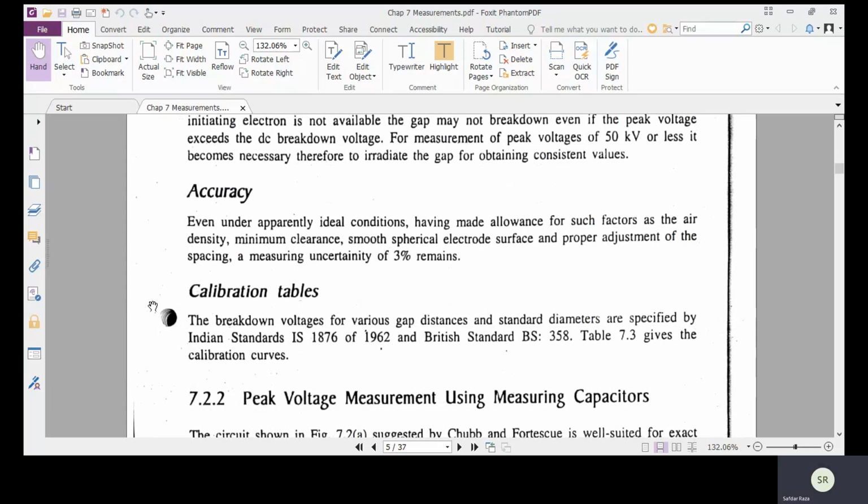And after this, we have discussed the impact of temperature, pressure, humidity, and irradiance upon the measurement of high voltage using a sphere gap. And in the last, we have seen that on the basis of air density, minimum clearance, smooth spherical electrode surfaces, and proper adjustment, the accuracy of this measuring method is 97%, or we can say that there is an error of 3% in the measurement.